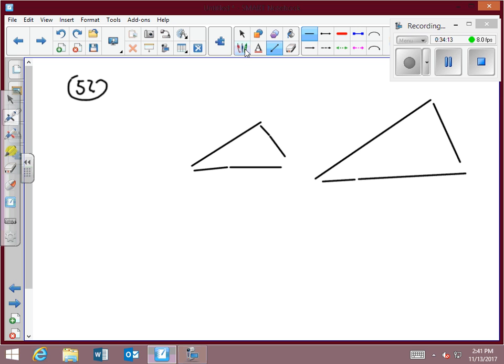I don't know why. So what these are, this is A, C, B, this is D, E, F, I guess. Now they say this side is 5 inches. This side is 8 inches.